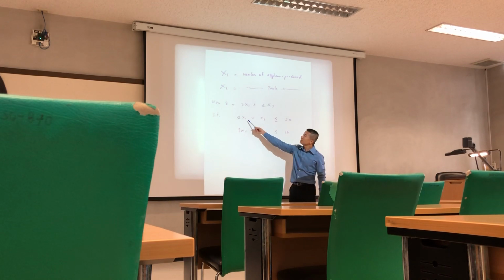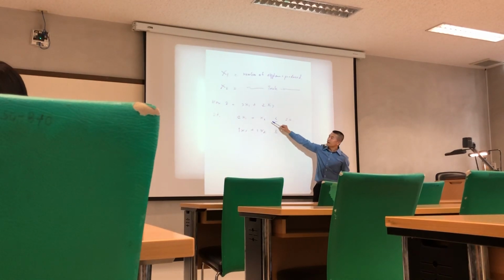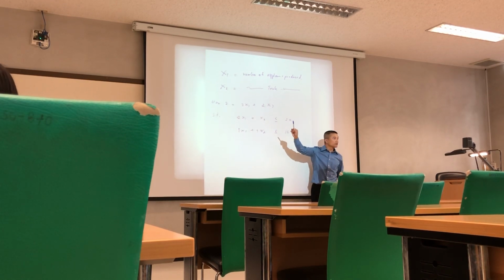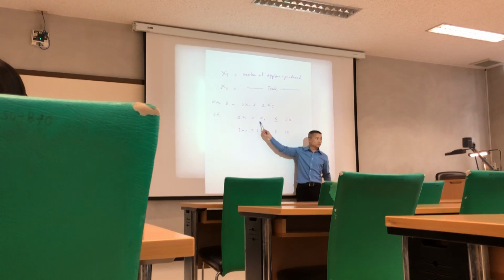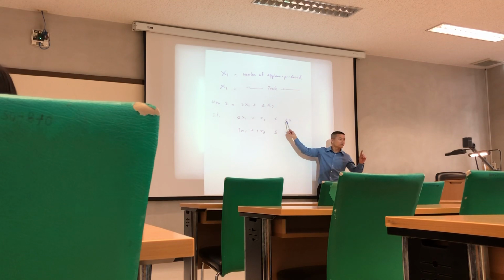To produce x1 airplane, we use 2x1 long brick. And x2 is a tank. To produce one tank, use one long brick. So the total of long brick that you will use is 2x1 plus x2. Is that correct? That's a long brick. And you have at most 16 short brick.